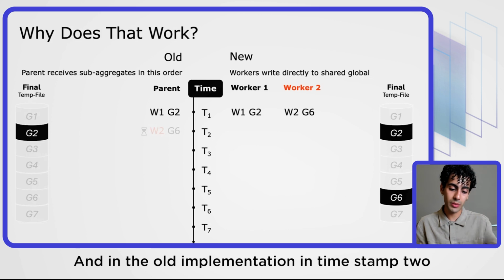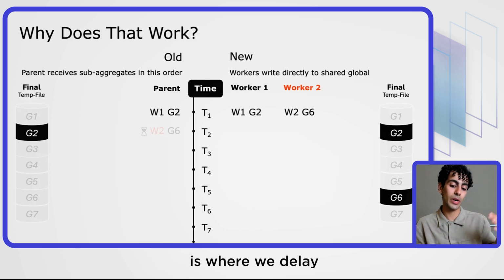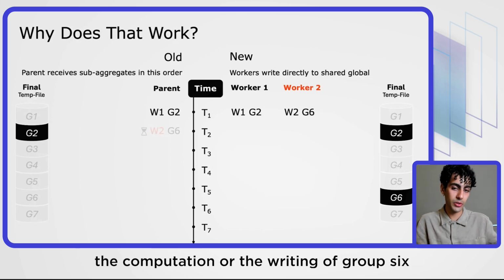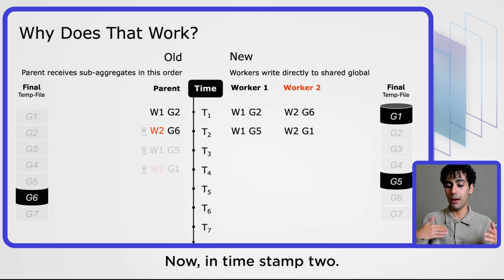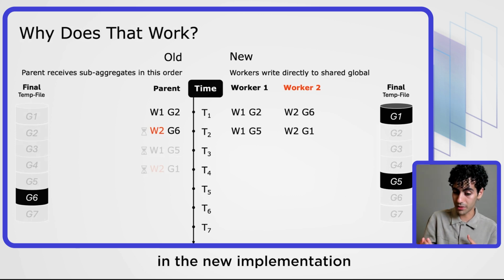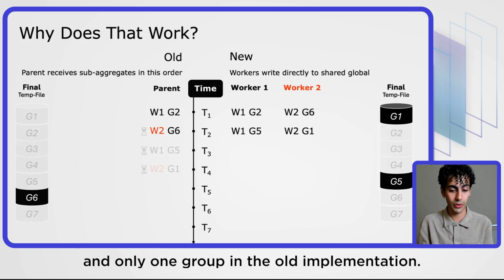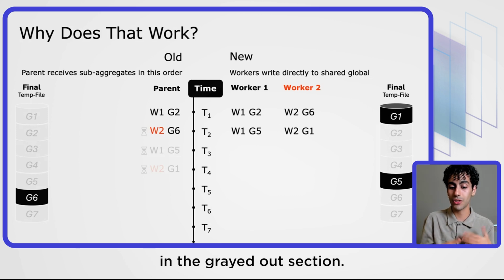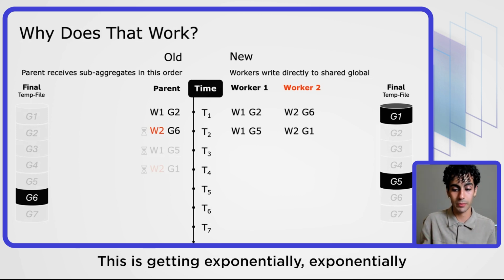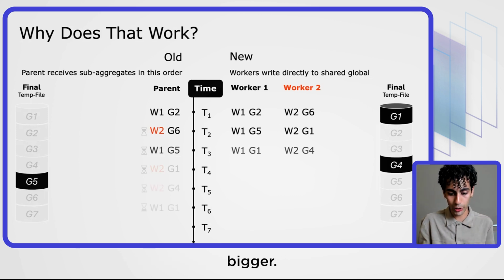And in the old implementation, in timestamp 2 is where we delay the writing of group 6 into the final temp file. Now, on timestamp 2, we process 2 groups in the new implementation and only 1 group in the old implementation. So now look at the wait time in the grayed out section. This is getting exponentially bigger.